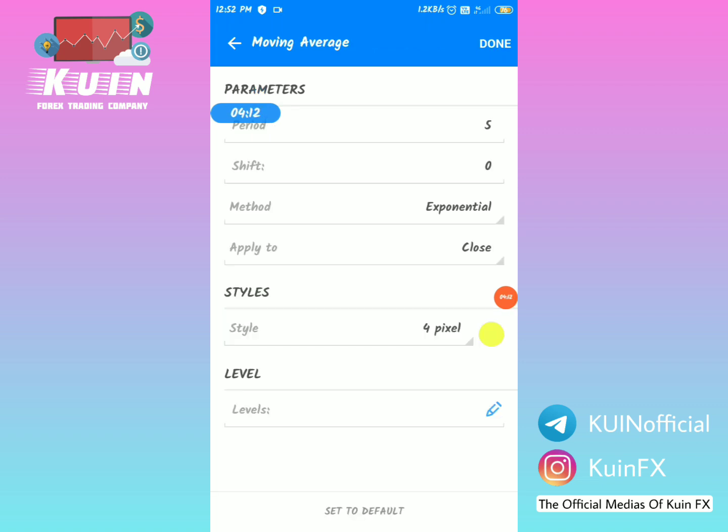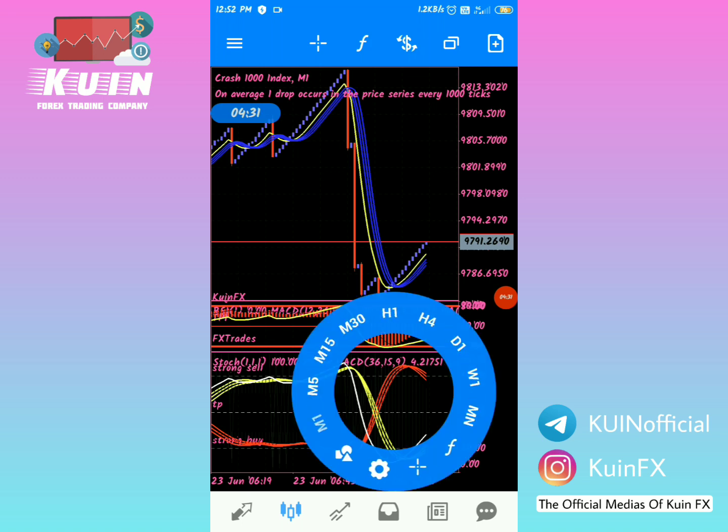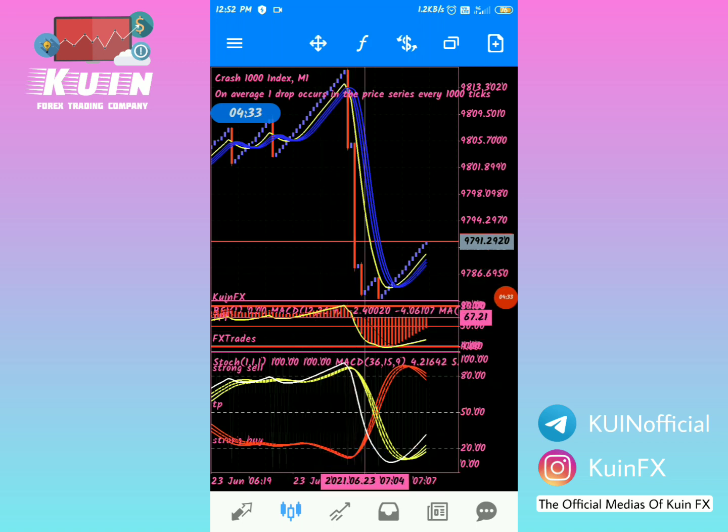Period 5, shift is 0, method exponential, apply to close, style 4 pixel, color yellow, and then done. When you set these, your chart should be like this. Your main chart should be like this, and your Window 1 should be like this.